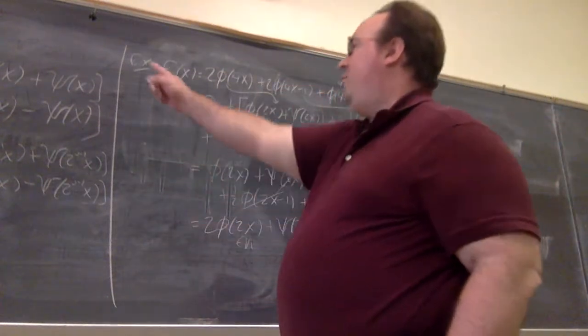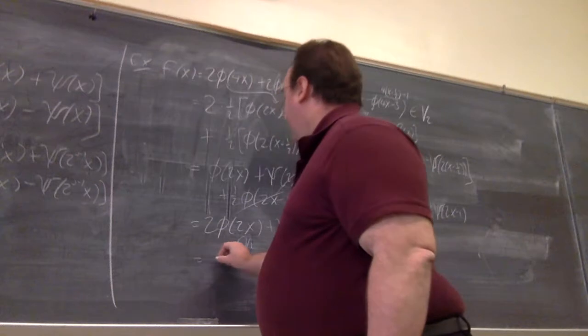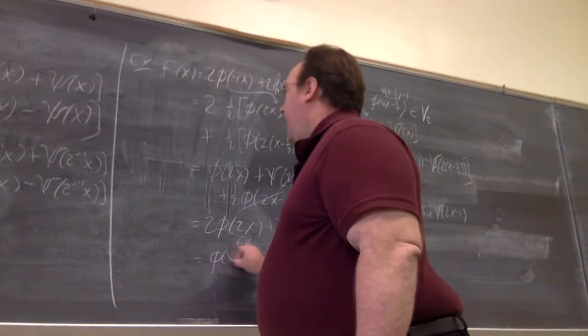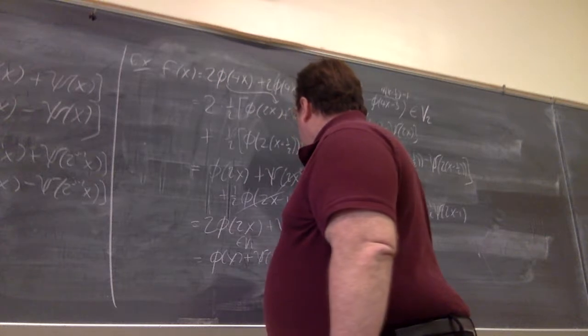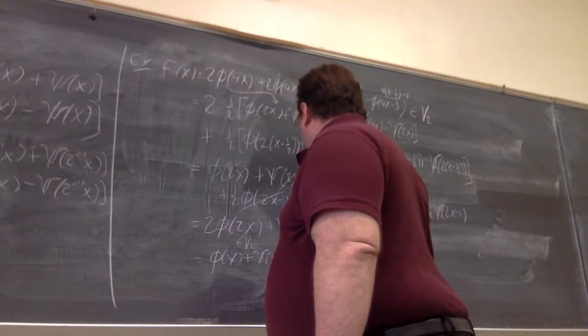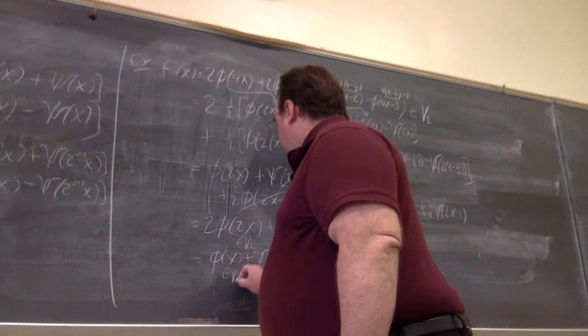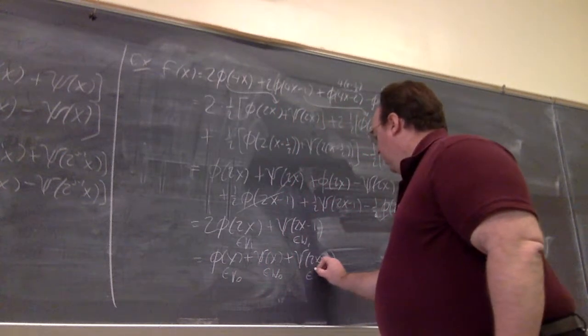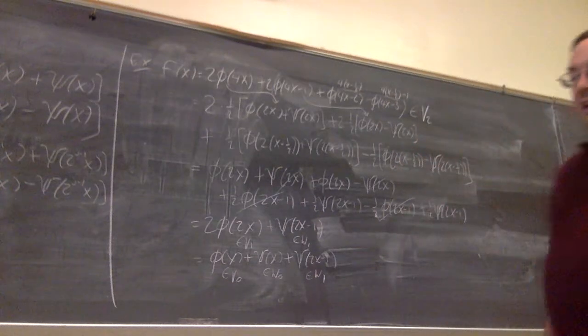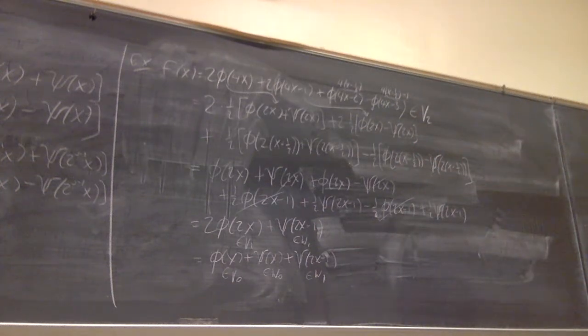In fact, I have phi of 2x written out right there. So I'm going to get phi of x plus psi of x plus psi of 2x minus 1. So now I have terms in V0, W0, and W1. And now my decomposition is complete.